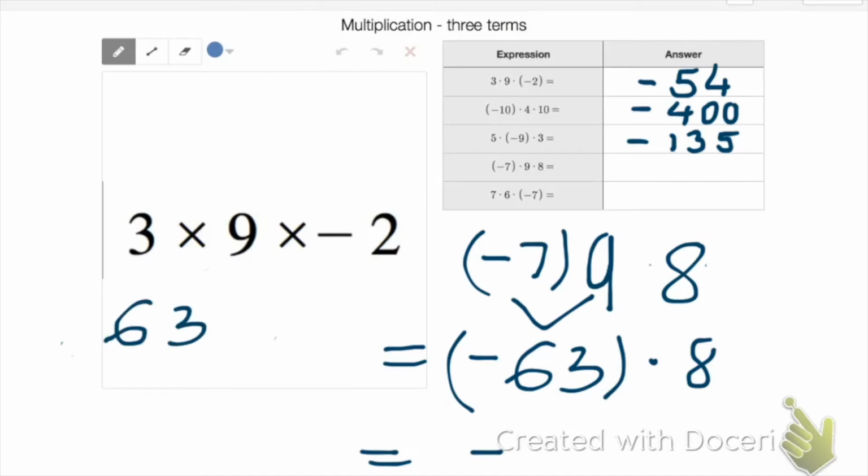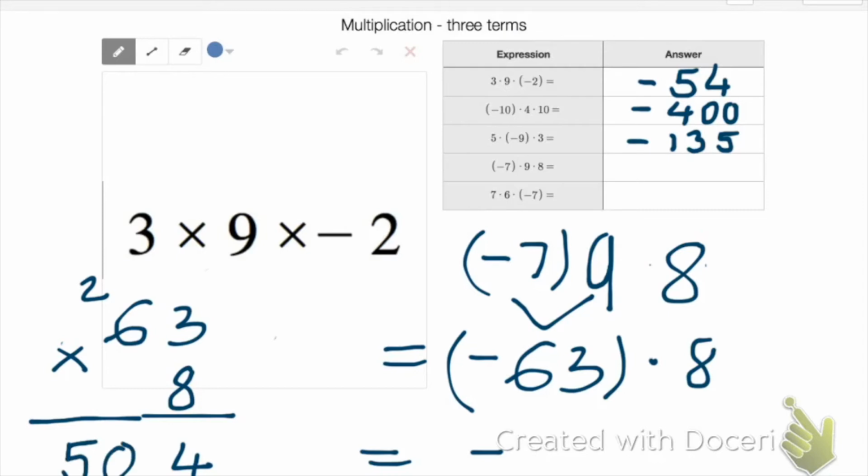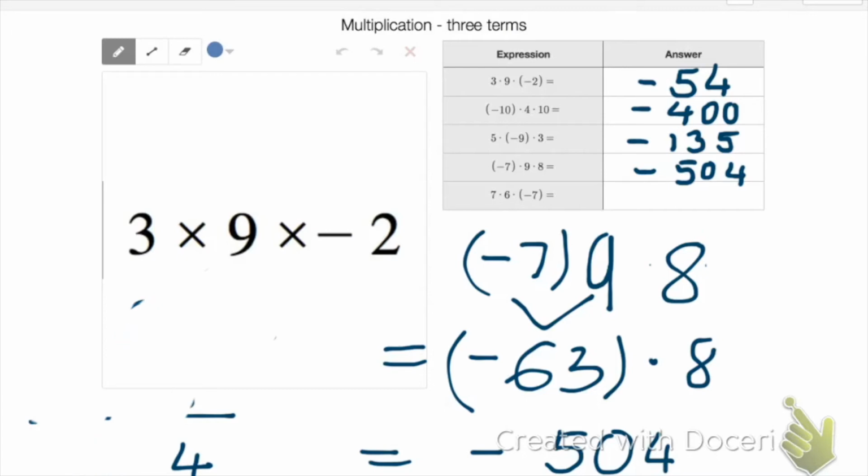So we need to set up 63 multiply with 8. 8 times 3 is 24. We write 4, we remember 2. 8 times 6 is 48. Remember 2 is 50. So the final answer is negative 504.